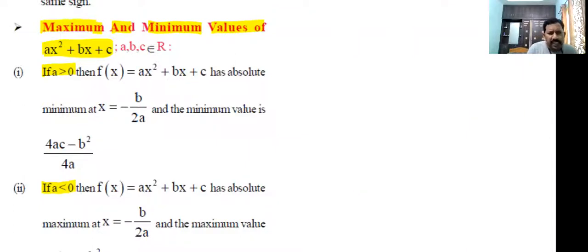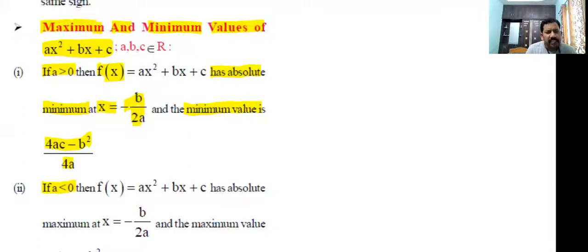If a greater than 0, f of x has absolute minimum at x is equal to minus b by 2a. At that particular point, minus b by 2a, the function has its minimum. Then how to find the minimum value? This is the formula: 4ac minus b square by 4a.